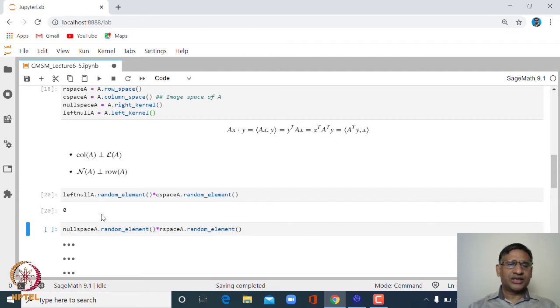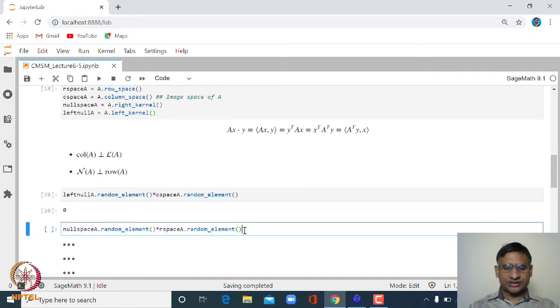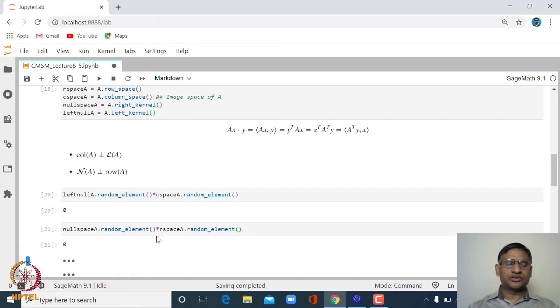Similarly, you can take a random element of the null space of A and a random element of the row space of A and check that the dot product of these two will always be 0. So this actually shows that the column space and left null space of A are orthogonal complements of each other, and similarly the null space of A and row space of A are orthogonal complements of each other.